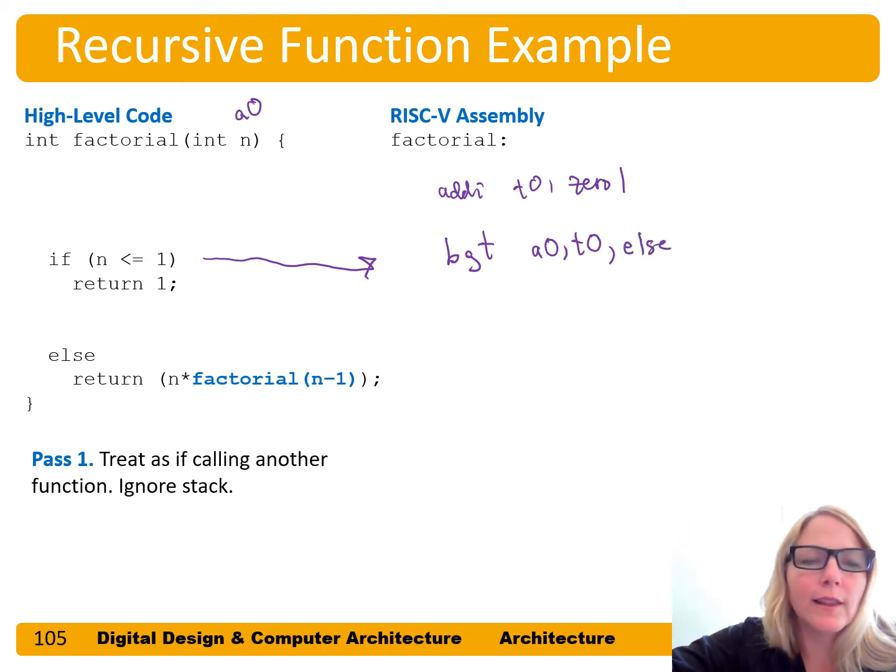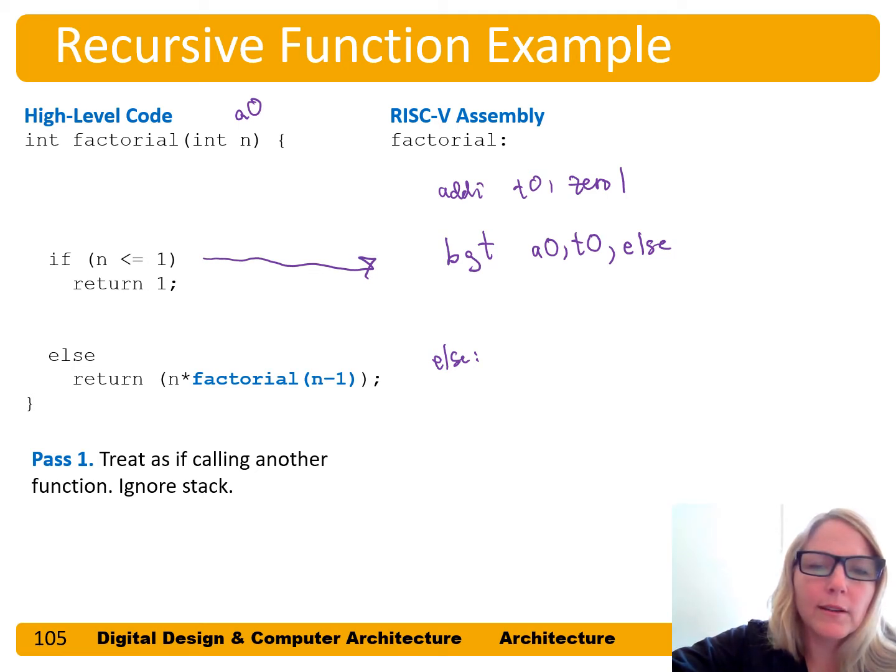So if it's greater than, the if condition wasn't true, and we want to branch over to the else block here. But if n is less than or equal to 1, it will fall through, and we're going to get to return 1.